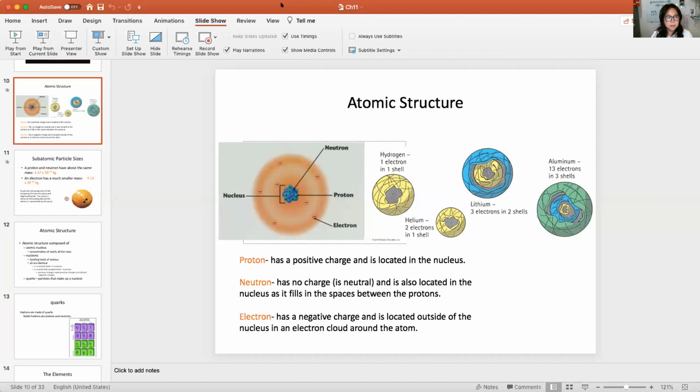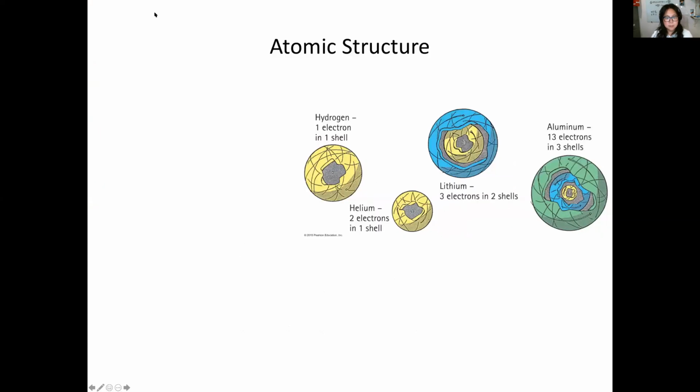I can show you the slide here. So this is the atomic structure. We have different kinds of atoms here: hydrogen atom, helium, lithium, and aluminum, let's say.